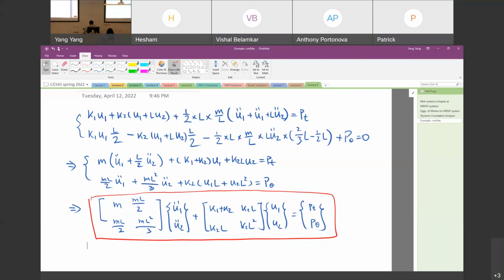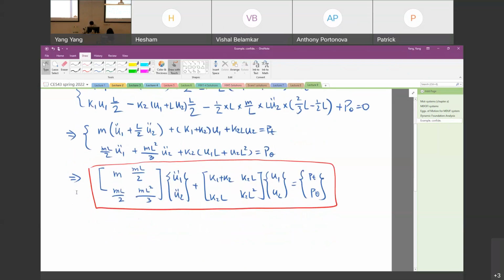This is very important for an MDOF system. We need to know the mass matrix and the stiffness matrix, because we know for the SDOF system, M and K determine the natural frequency. Similarly, for the MDOF system, the mass matrix and the stiffness matrix determine the natural frequencies of that system.